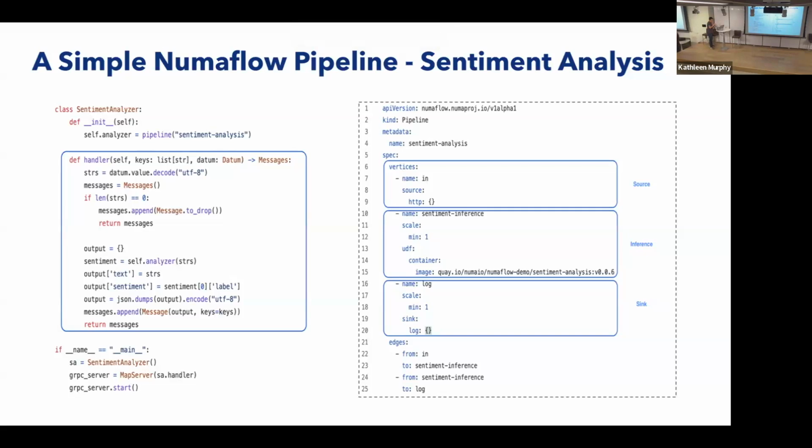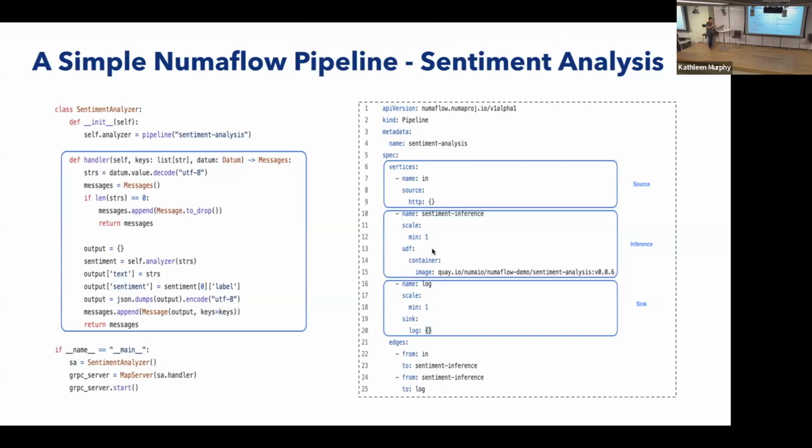NumaFlow is a Kubernetes-native project, so we use a Kubernetes CRD to represent the data processing job, which we name Pipeline. There's a spec under this pipeline, and there are two major sections. The first section is called vertices, which is used to define the data processing steps.